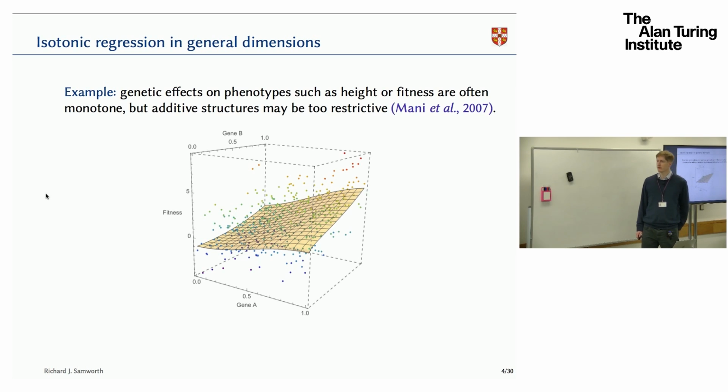If you have many different covariates, it's desirable to try to think of some simplifying structure, the simplest of which would be an additive structure, but several others have also been studied. But these have often been found to be too restrictive. And so in this talk, I want to think: without assuming some additive or low-dimensional structure within the isotonic function, how can we try to estimate this?